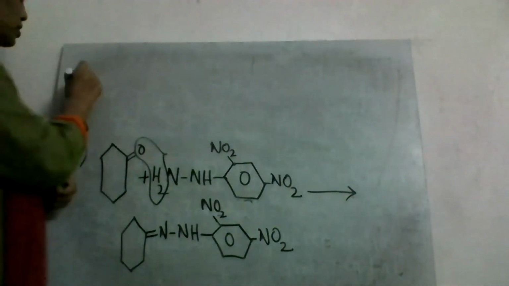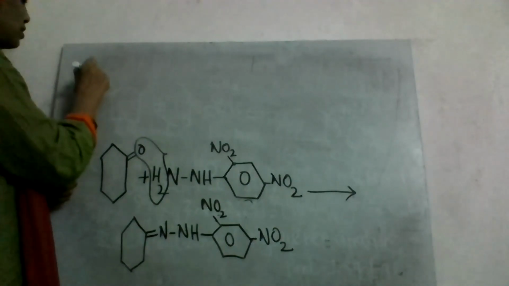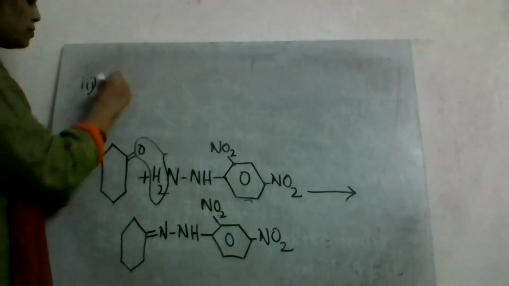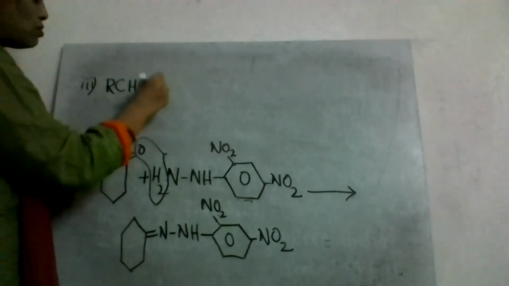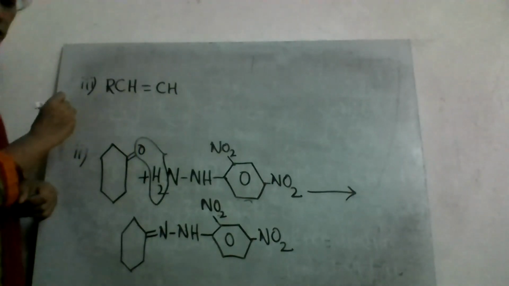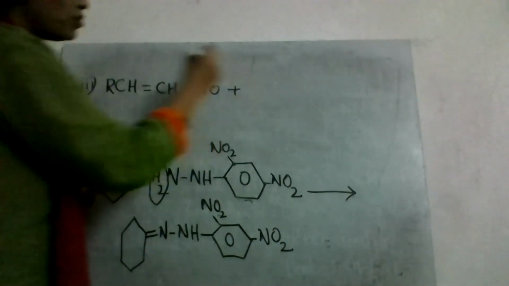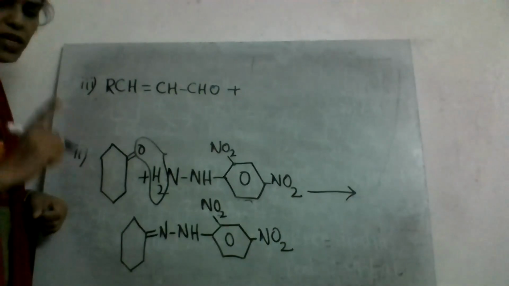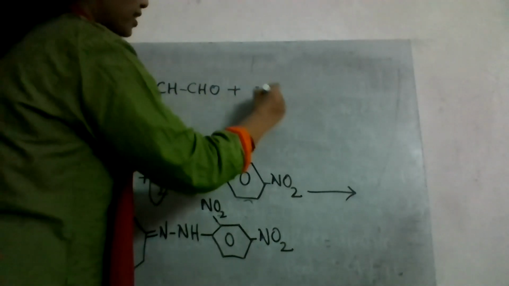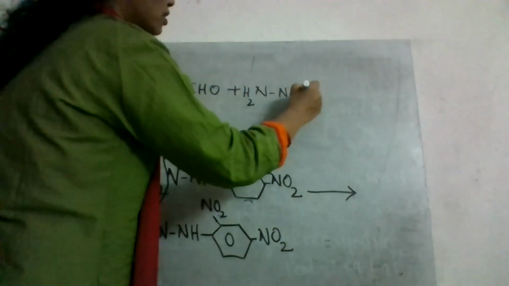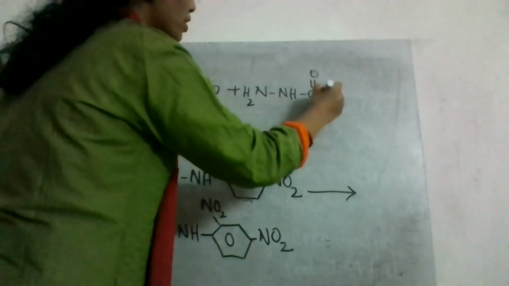So the compound that is given is RCH double bond CH, CHO, treated with semicarbazide. So I'll write NH2, NH, C double bond O, NH2.